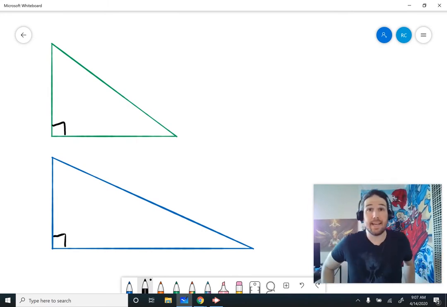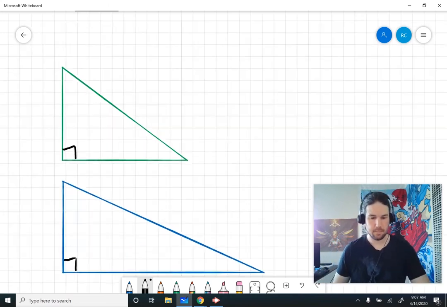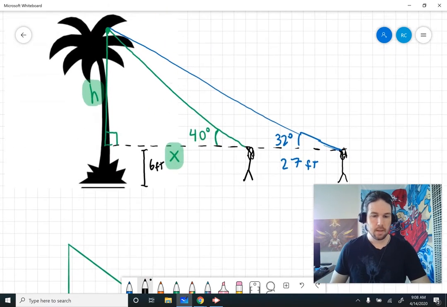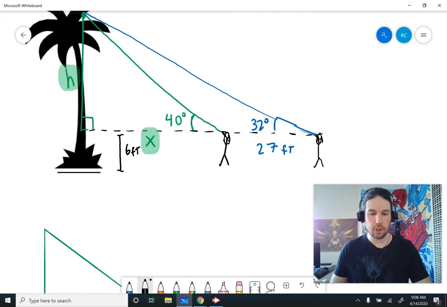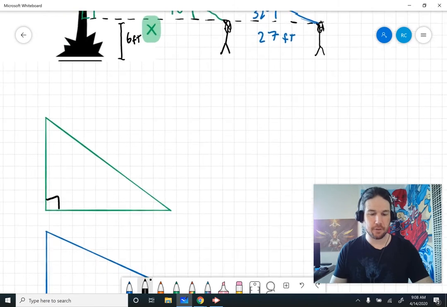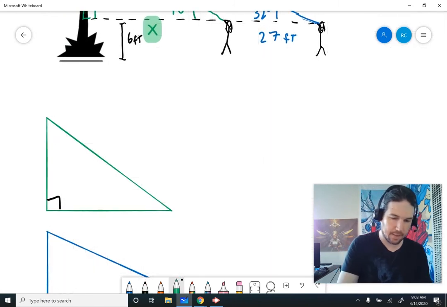Now let's go ahead and label these. So I went ahead and gave some variables here. H for height, X for the distance away from the tree. It turns out that I can find both. So just looking at this green one, I see that I've got a 40-degree angle here.